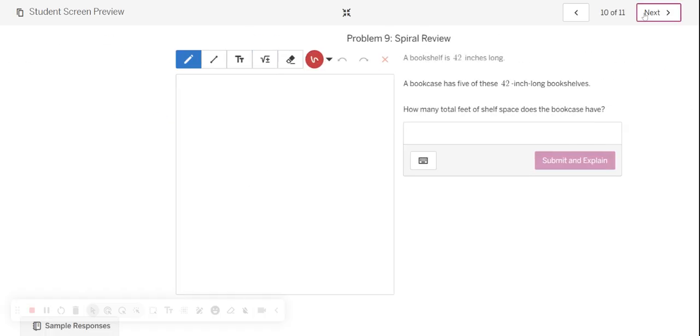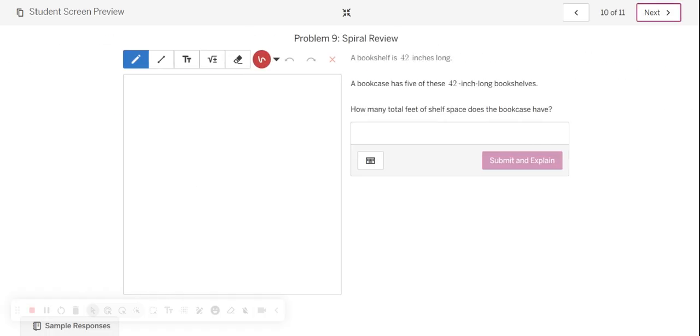Okay, number 10, same bookshelf, 42, but you got 5 of these. So the first thing you want to do is 5 times 42, that's 210. And then how many feet? Oh, that's inches. How many feet is that? You would do 210 divided by 12.